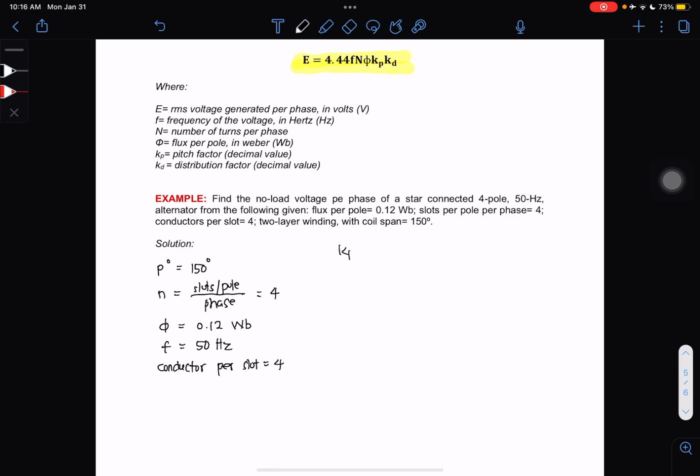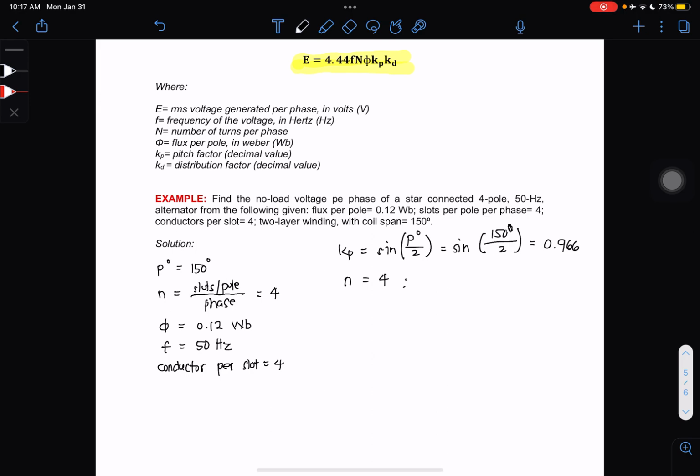First, we need to solve for our pitch factor: sine of P divided by 2, so sine of 150 degrees divided by 2. Our pitch factor will be 0.966. And for our N, slots per pole per phase, we have 4.